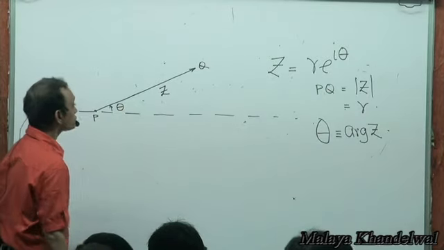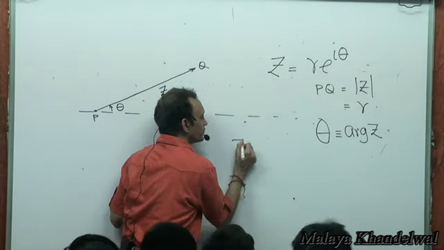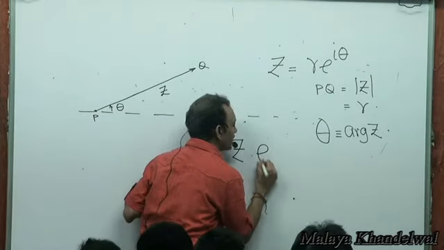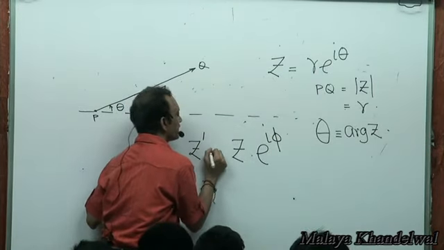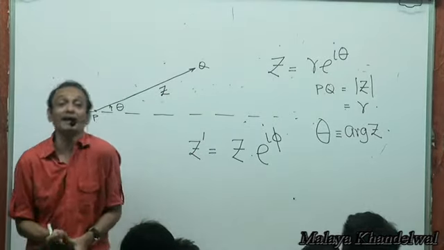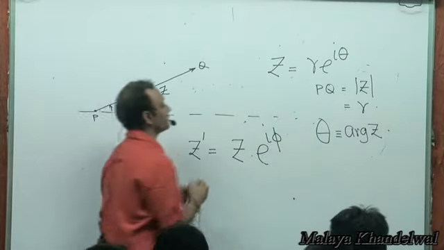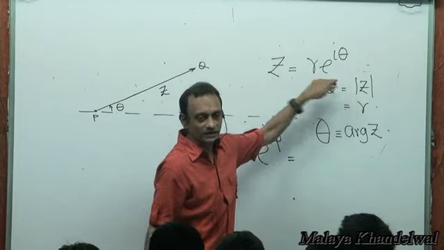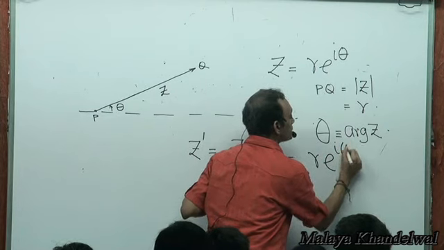Now, if I multiply this vector z with e power i phi, I get a vector z prime, say. Let's see what happens when I multiply a vector z with e power i phi. z is r e power i theta, so this is like r e power i (theta plus phi).